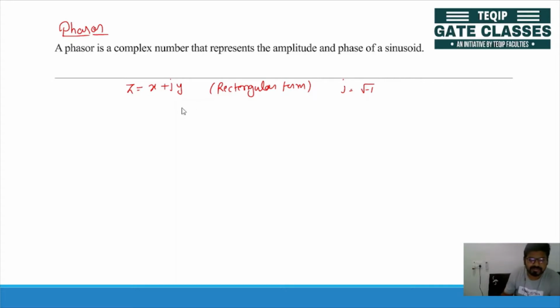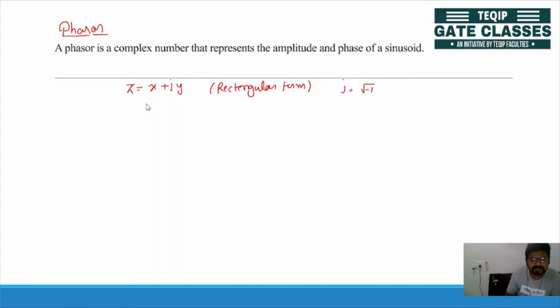Here we are using j because small i we generally use as a current quantity in electrical. Okay, so this is the representation of a complex number in rectangular form.